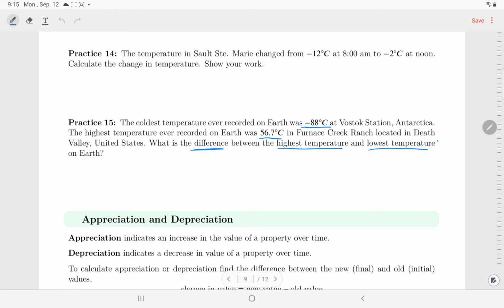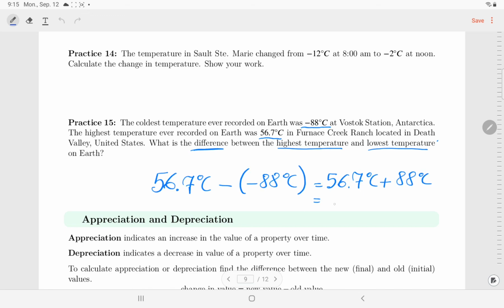So to find the difference between the hottest and coldest place, difference means subtraction, so 56.7 degrees Celsius minus negative 88 degrees Celsius, which is 56.7 plus 88 degrees Celsius.